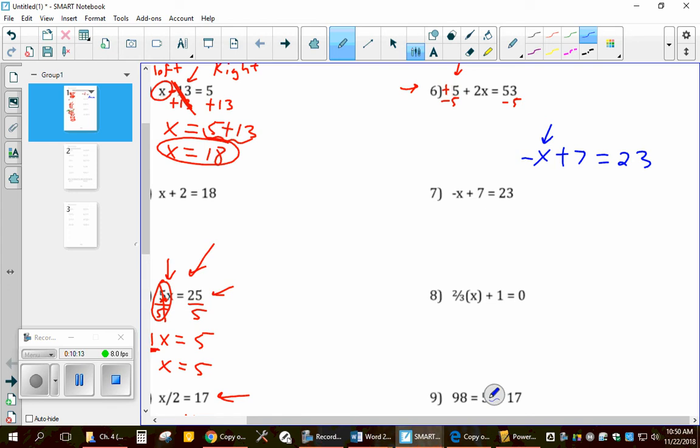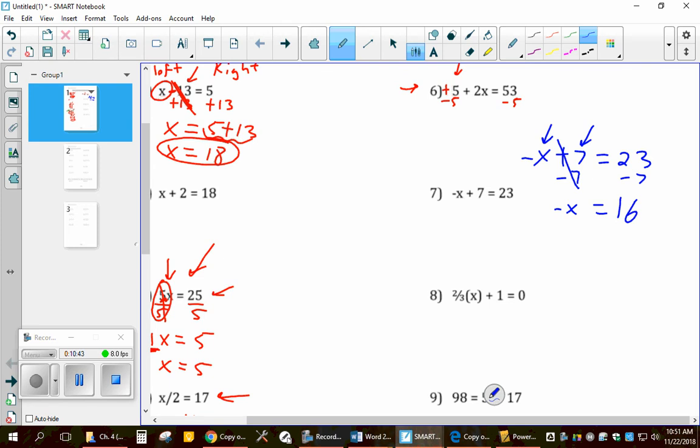I think we're going to stick to the way we've been doing. All right, so what would I get rid of first with my onion here? Well, the very first thing I'm going to get rid of would be our 7, right? So what I'm going to do is I'm going to subtract 7 from both sides, so minus 7, minus 7. Those would cancel. So we've got negative x is equal to 16, right?